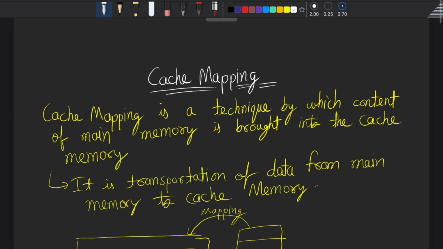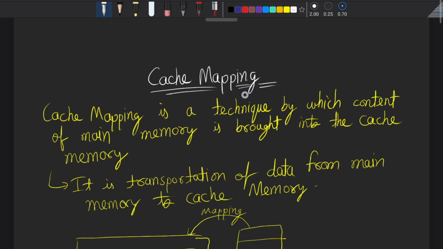As we have been discussing so far, when the CPU searches for some data, it first searches in the cache memory, and if it finds it there, then it fetches it from there and executes it. Otherwise, it looks for it in the main memory and then makes a copy of it in the cache memory so that it can access it through cache memory in future.